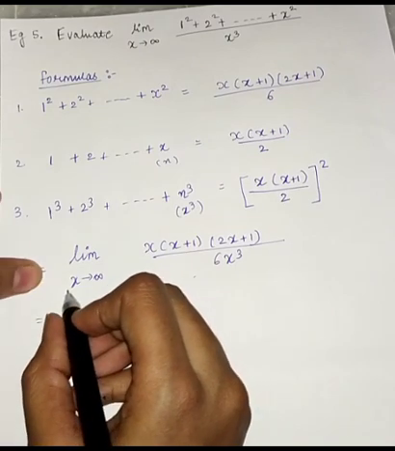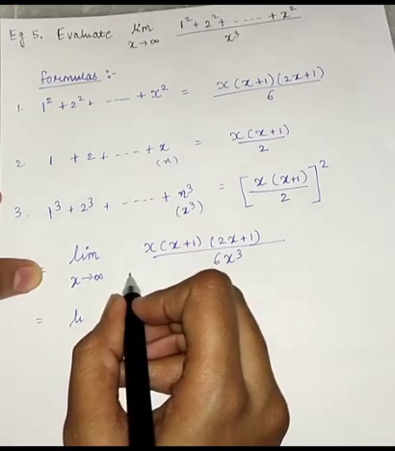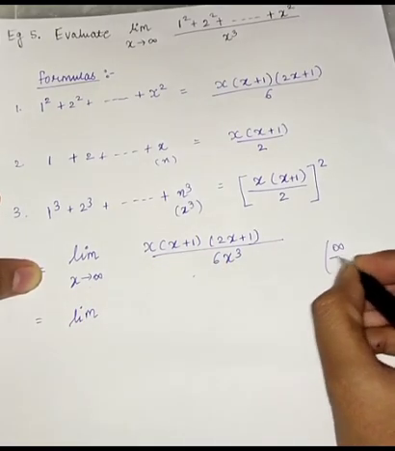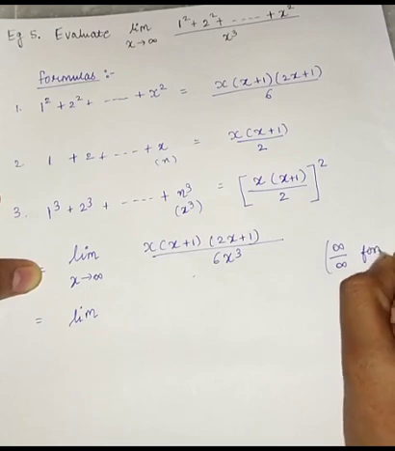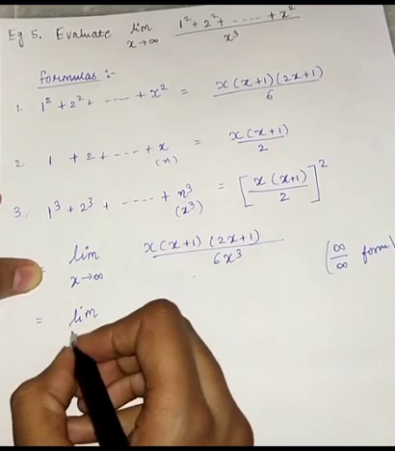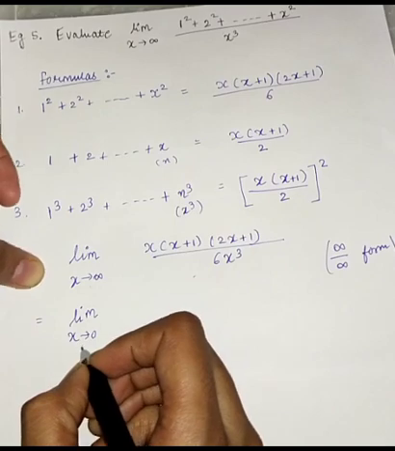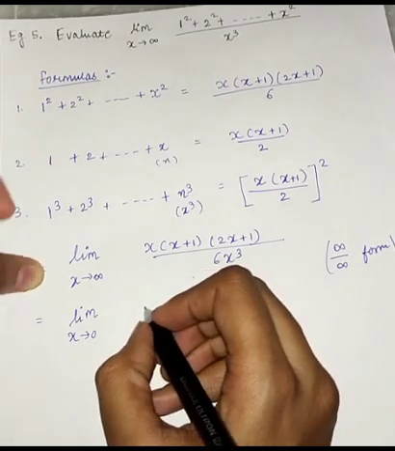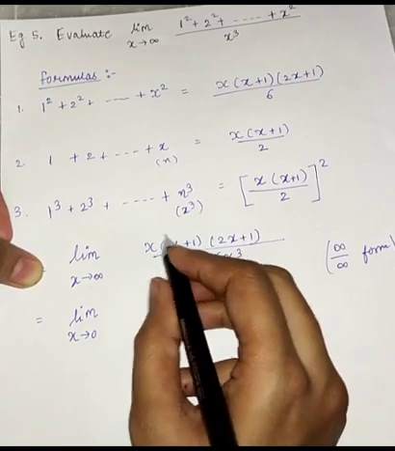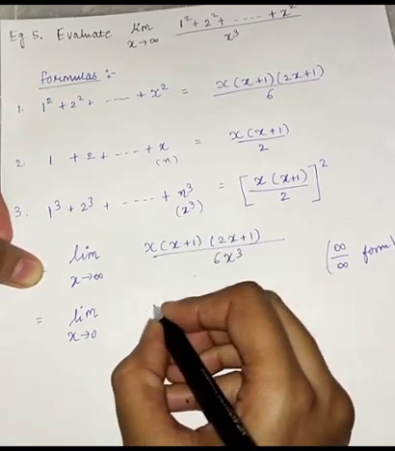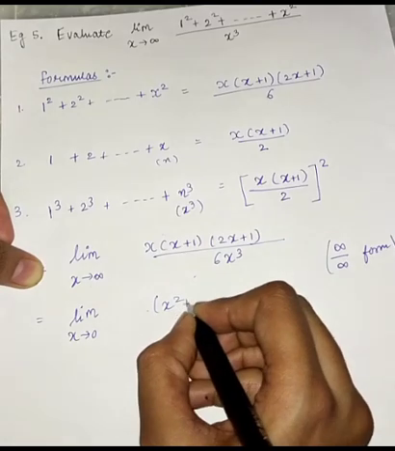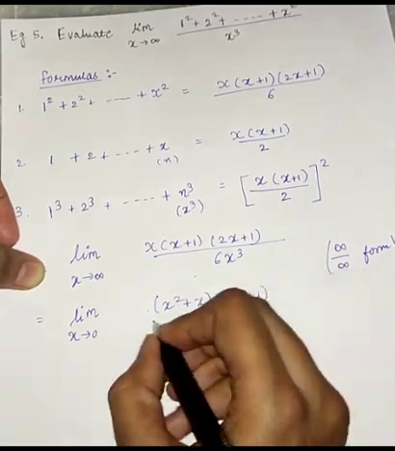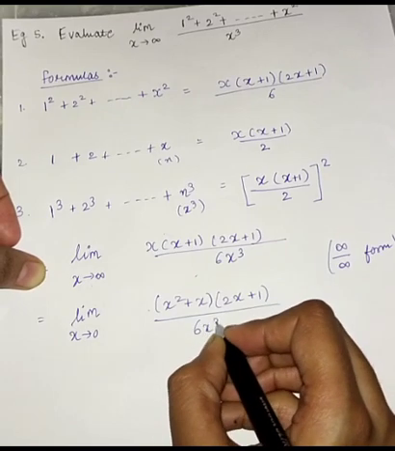Now if we substitute this limit in this equation, then we get infinity by infinity form. So we will further differentiate this equation, but we can rewrite this equation as, multiplying x inside, x square plus x into 2x plus 1 upon 6x cube.